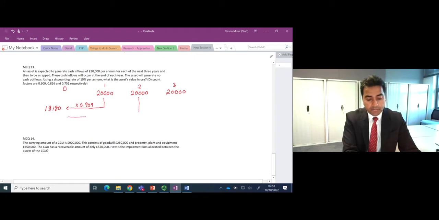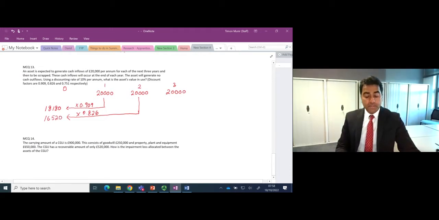Similarly, I will be multiplying the 20,000 which I will be earning in year 2 with the discount factor, which is 0.826, and the value is 16,520, which means the 20,000 which I'm going to earn in 2 years time, the value of that money in today's term is 16,520.